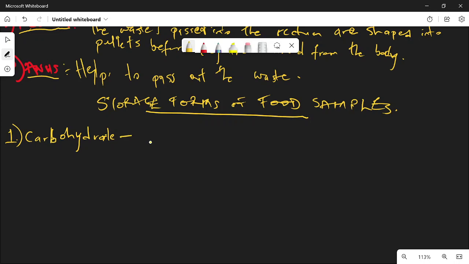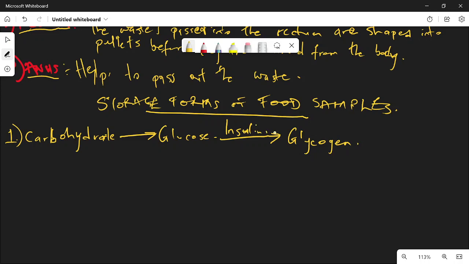Carbohydrate is broken down to what? Is broken down to glucose. After digestion has taken place, carbohydrate is degraded to glucose. So how is glucose being stored? Glucose cannot be stored in our body in this raw form, so it has to be converted to a storage form, which is glycogen. And what is responsible for that conversion? That is where we have the action of insulin.